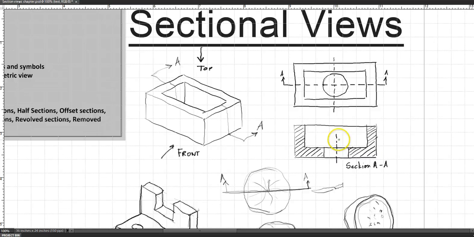So what I need to do is see what's on the inside of this block. Is the hole going through and through, or is there something? Now what I see over here in the top view is there is this circle over here. So there's something happening. There's a hole over here. So how do I show that?